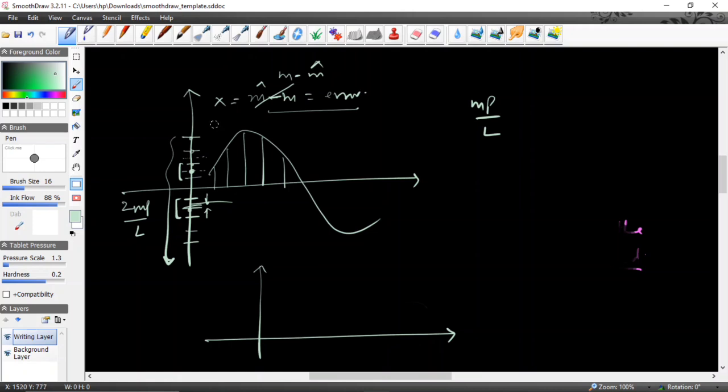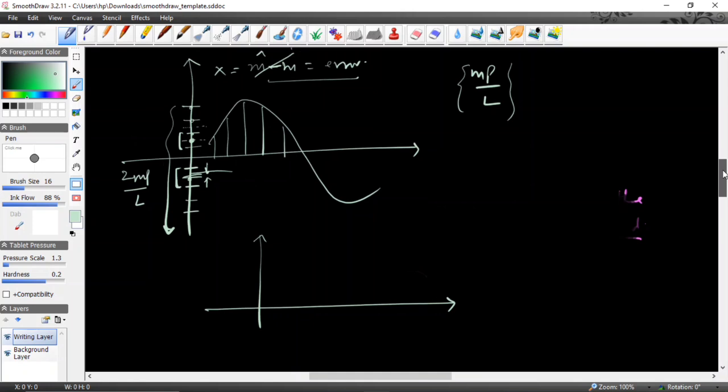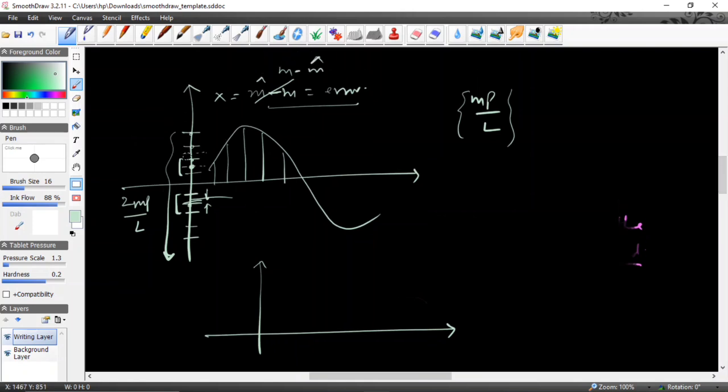This error can take a minimum value of 0 when there is no error, and the maximum value of this error can be MP by L. And since this error can lie anywhere between minus MP by L to plus MP by L.